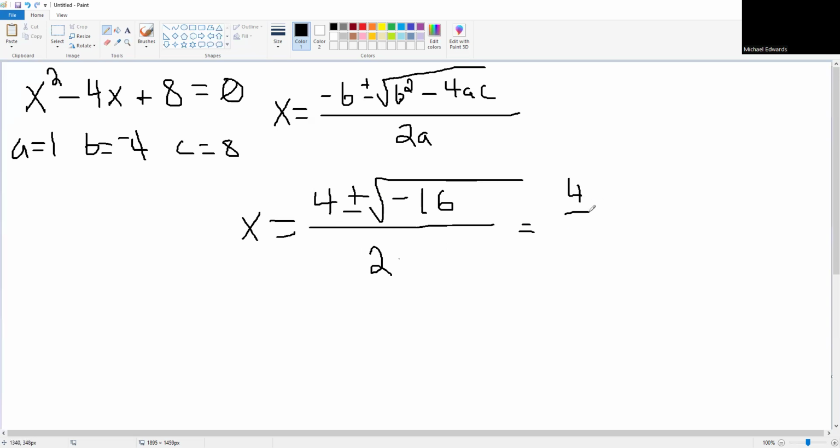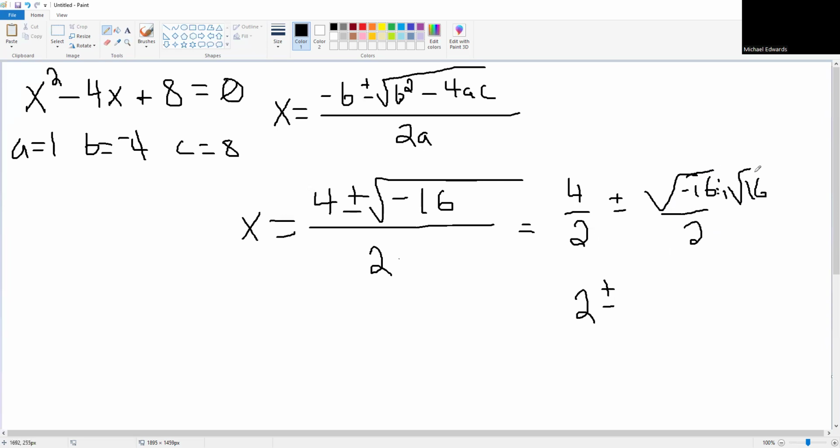We could say 4 over 2, right? Plus or minus the square root of negative 16 over 2. If we do it this way, 4 over 2 will turn into 2, plus or minus, and the negative 16 will just turn into the square root of 16 times i.